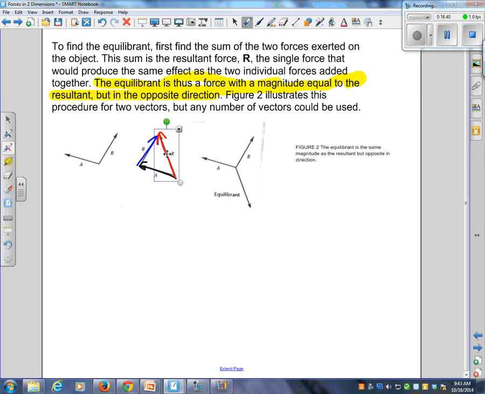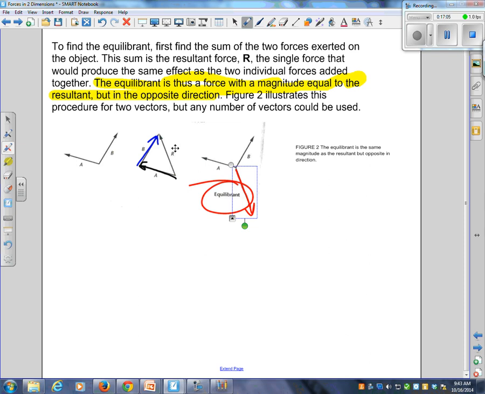Once I've got that, I simply rotate it 180 degrees, and that is known as the equilibrant. It's the exact same length as the resultant, just in the opposite direction. The equilibrant is a force with a magnitude equal to the resultant, but in the opposite direction.